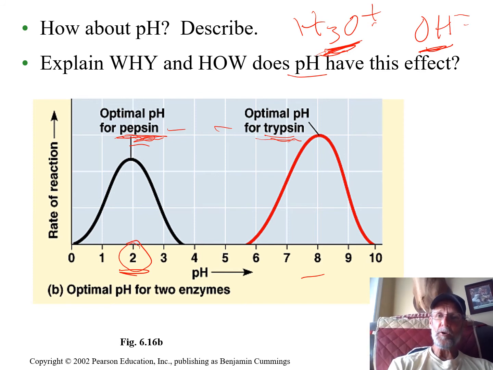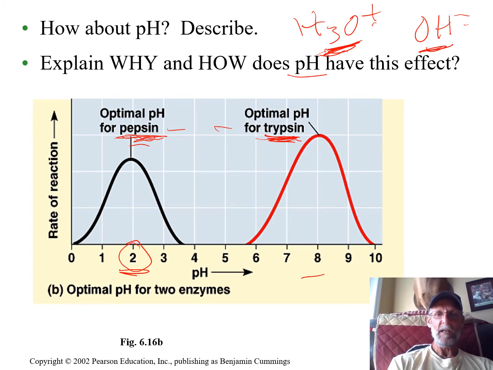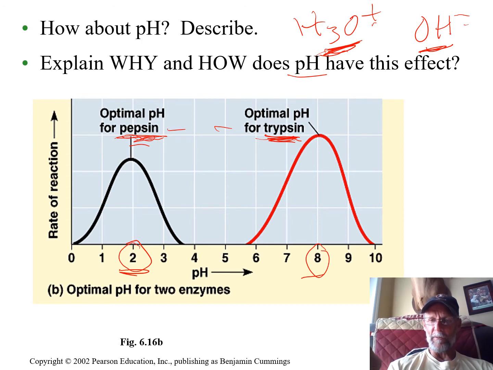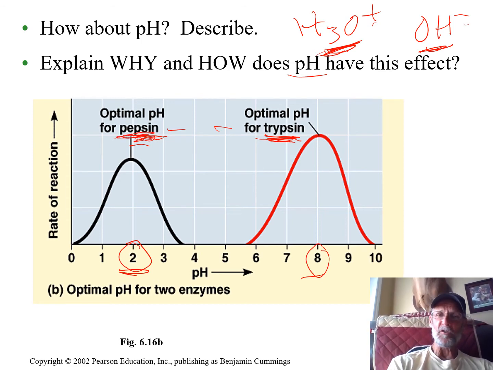At a pH of 2, this molecule would be pulled out of its working shape. And vice versa. At a pH around 8, what we would call a normal pH, this one gets pulled and tugged out of its working shape, and this one gets pulled and tugged into it. So now, we analyze these graphs, and we describe and we explain.